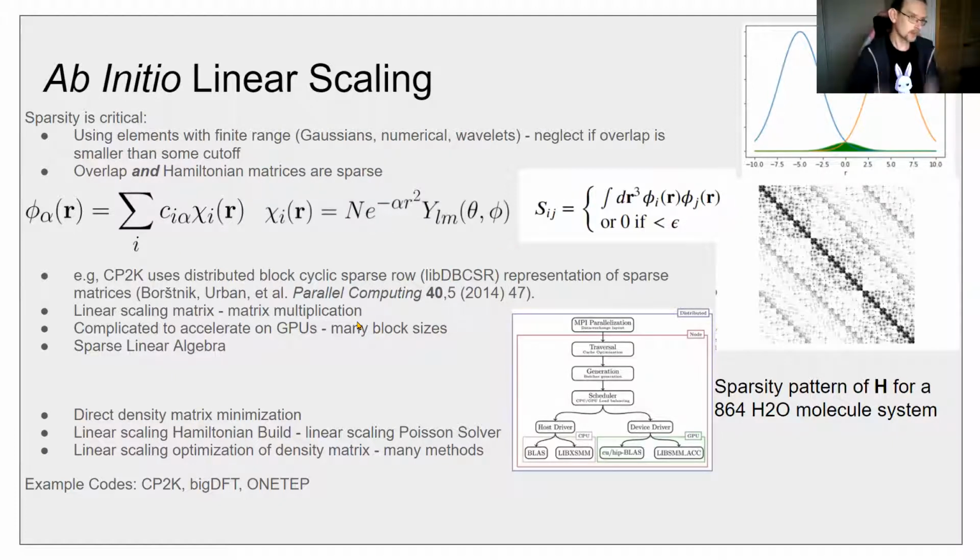So if you can set up your problem in terms of just performing matrix operations, then you can be linear scaling. And so as long as we can cast everything in that sense, we'll get a linear scaling Kohn-Sham build, and then the issue moves to minimizing the density matrix, finding the best coefficients for these pairs of basis functions.